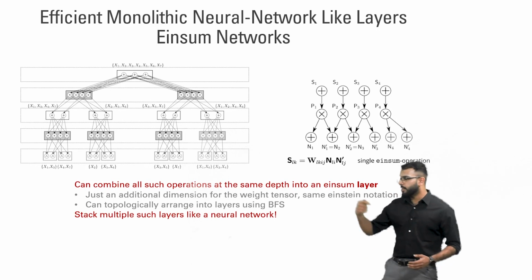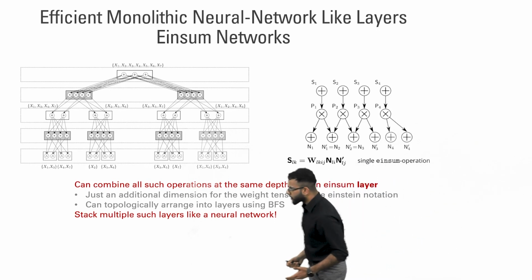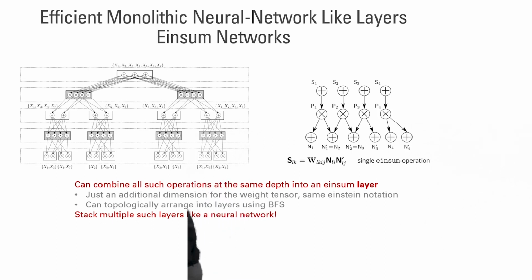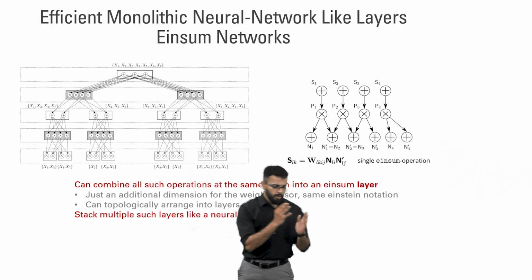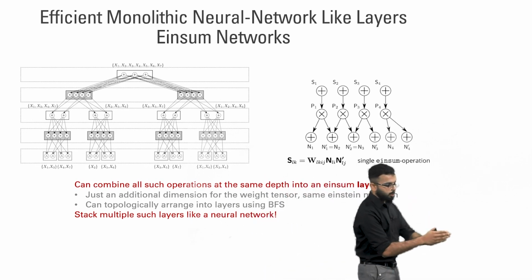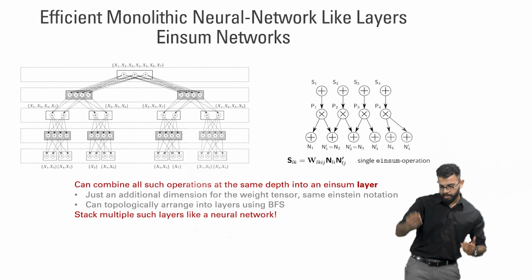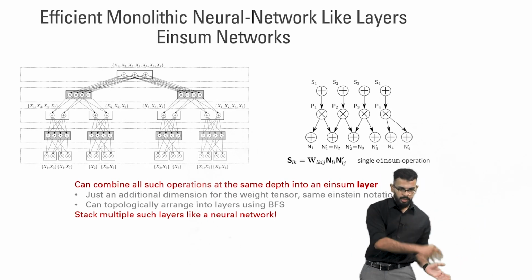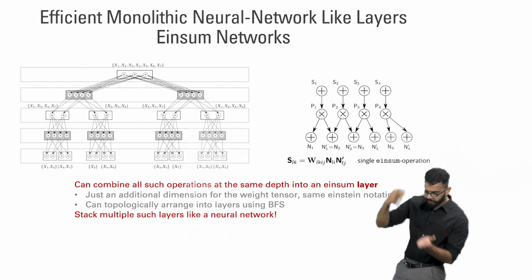And if you take a graph view of the computational graph, you can order these layers topologically using breadth first search, which means you now have something very similar to a neural network, right? So you have a set of layers that goes from your input to the output, and in a PC, it's from your leaf layer to your root layer, right?